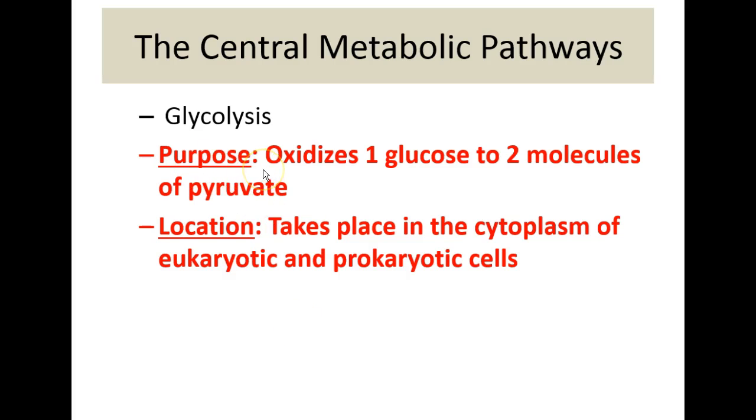So the purpose of glycolysis is to oxidize, remove electrons from glucose, and in the process, two molecules of a 3-carbon compound called pyruvate will be produced. Glycolysis takes place in the cytoplasm or cytosol of eukaryotic and prokaryotic cells.